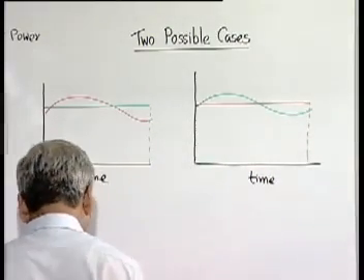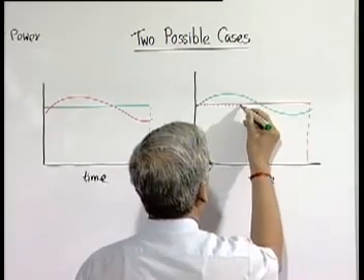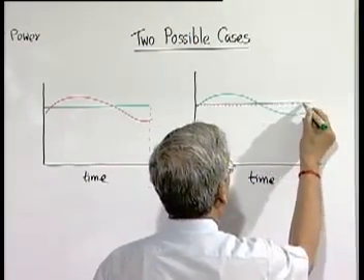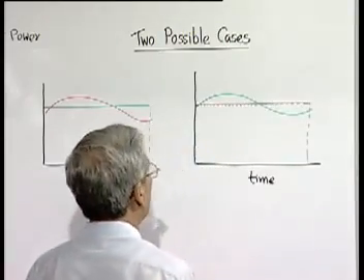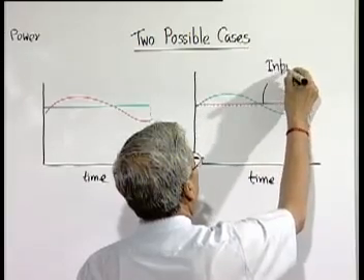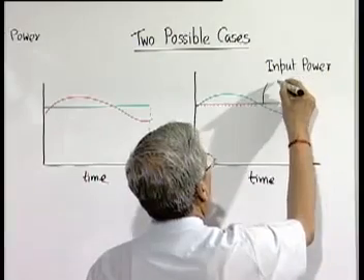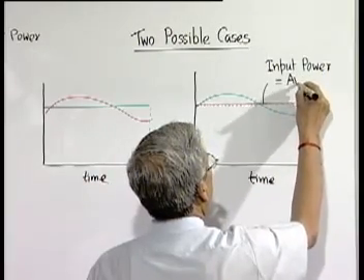In both the cases, of course, we have to keep in mind here, because it is a steady operation, this is not only the input power, but this is also equal to the average output.